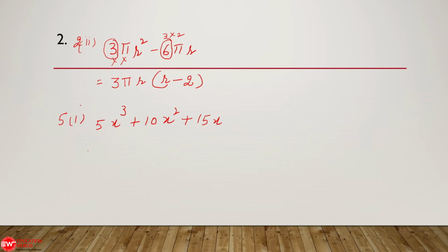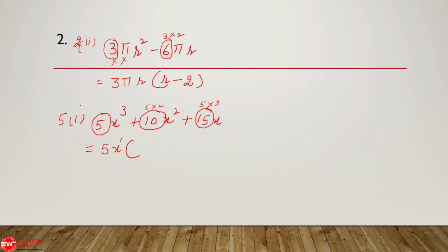Like here it is 5, here it is 10, so 10 we can write as 5 into 2. Here it is 15, so it is 5 into 3. It means 5 is common, I have written 5. Here x cube is there, here x square, and here only 15x. So the minimum is x power 1.